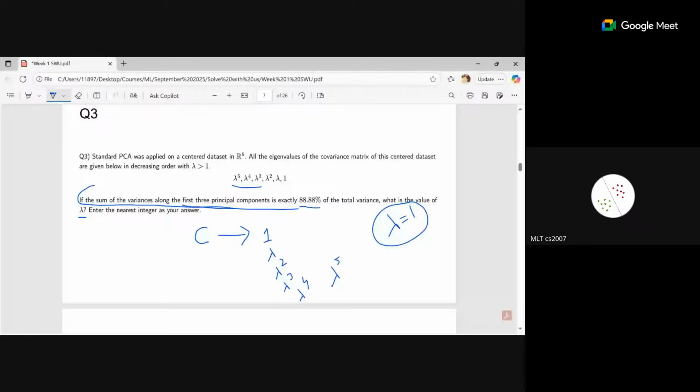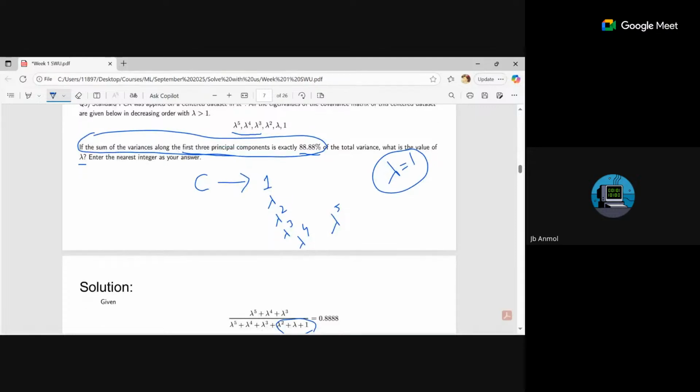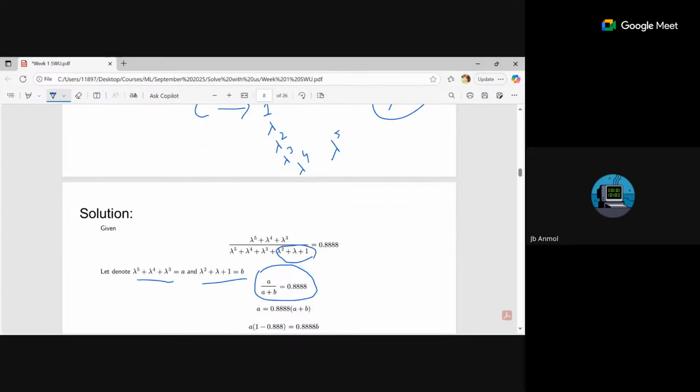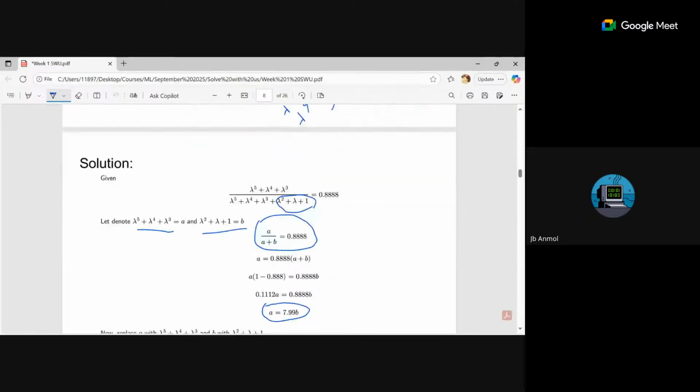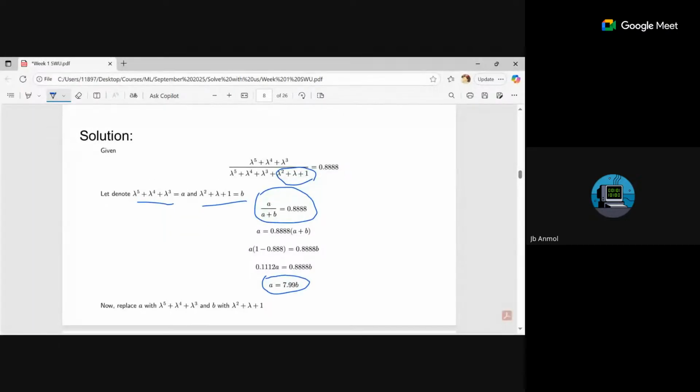Okay. Ma'am, what I tried doing was, if the first three principal components are giving 88.88%, then the other three components should give us 0.112 of the whole data set, right? Then the equation can be lambda square plus lambda plus 1 is equal to 0.112.